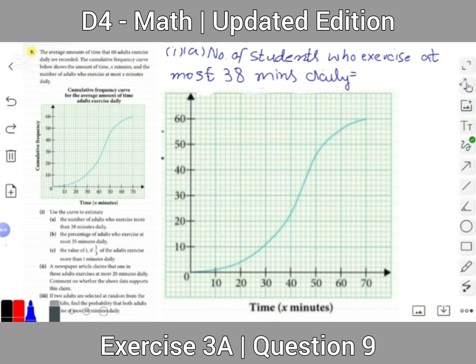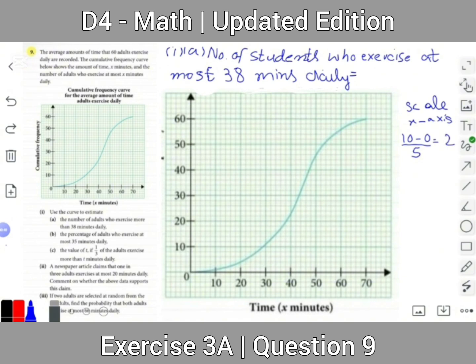First, we have to understand the scale along the x-axis. Here we subtract 0 from 10 and divide it by the number of squares between 0 and 10. So 10 over 5 is 2.